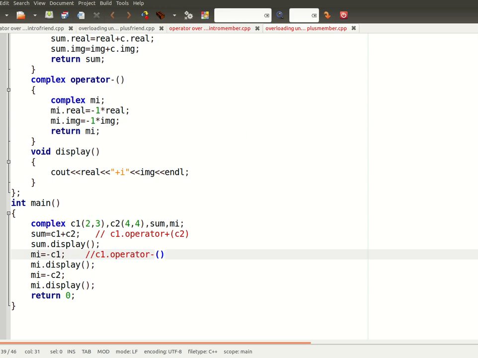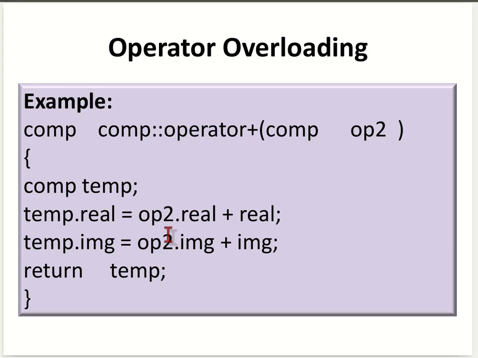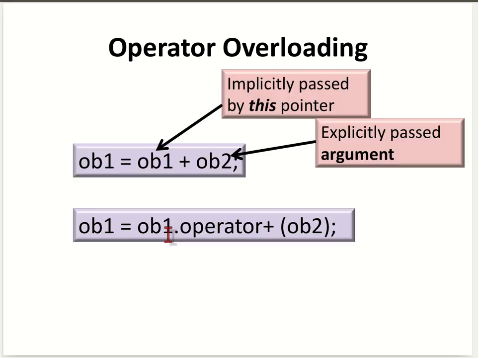So let's continue. Here is our operator overloading. As you can see here, this real and img is passed by default. This ob1 is passed as an argument implicitly, and this one is passed as an argument.